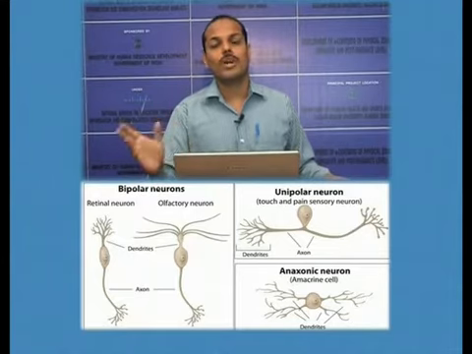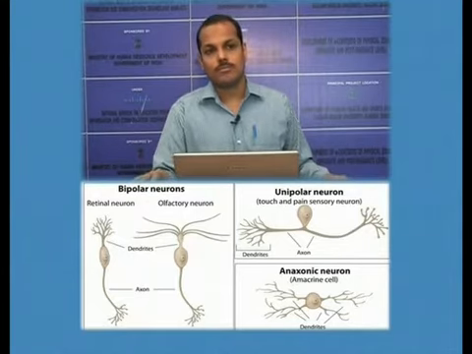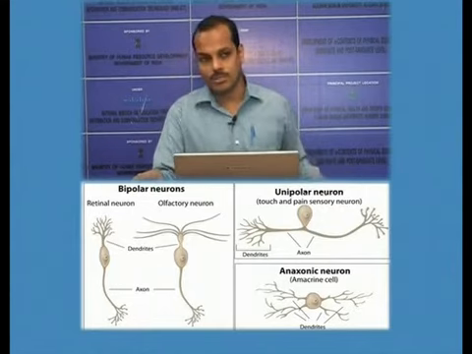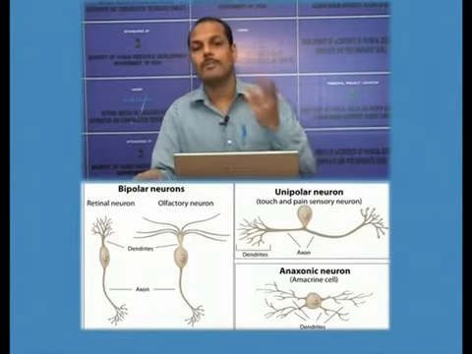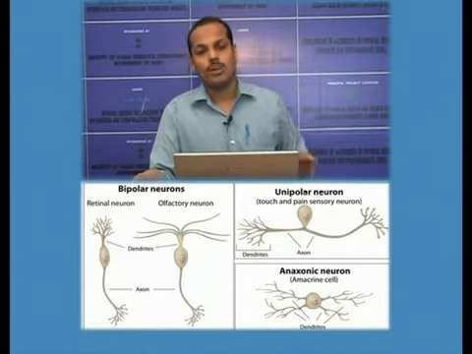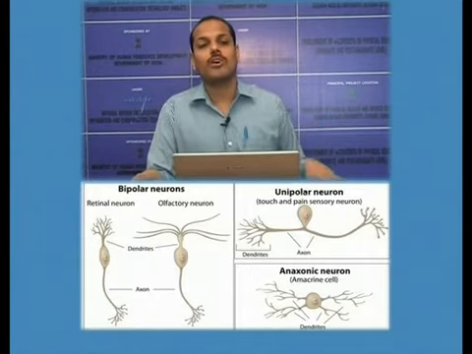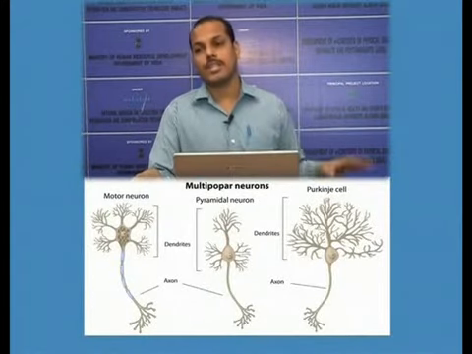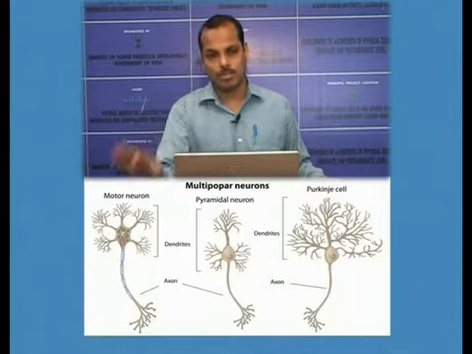Now, if two extensions are there, it means that one axon will be there, one dendrite will be there. So this is called bipolar. Now, there is another type of neuron called multipolar neuron. Multipolar neuron has many dendrites and usually one axon.